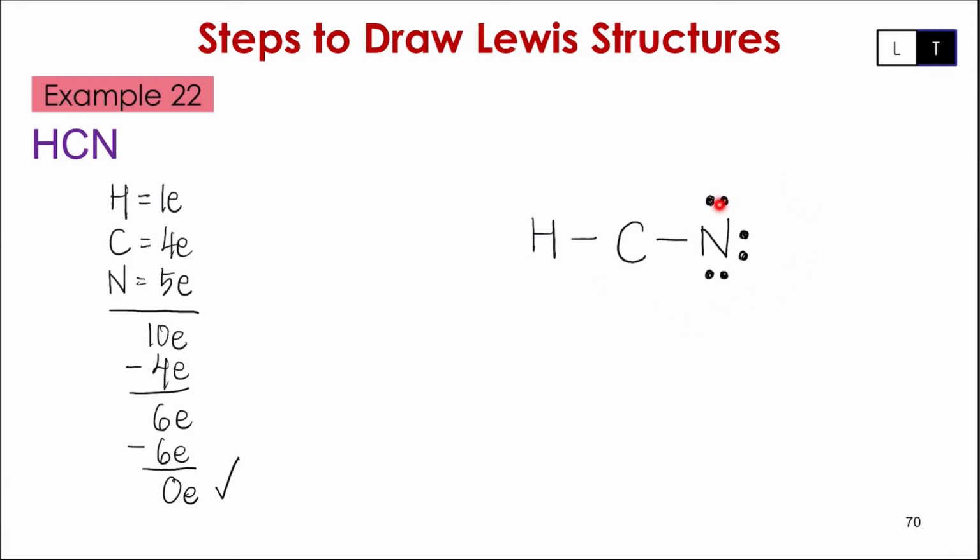Tapi untuk carbon dan nitrogen, we can do something. Di mana nitrogen ada 3 lone pairs dekat sekelilingnya. So that's why in order for carbon to achieve octet configuration, dia perlu buat double bond or triple bond.